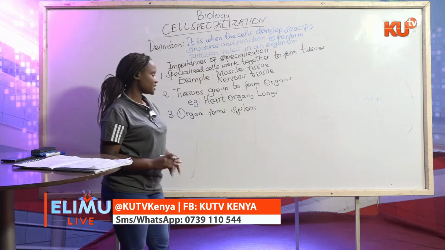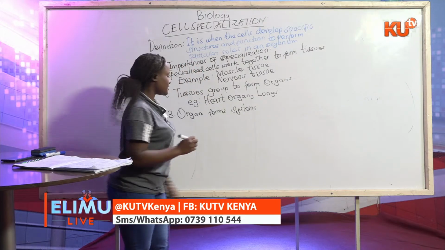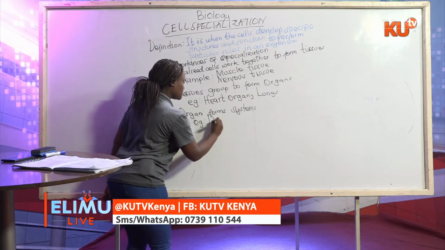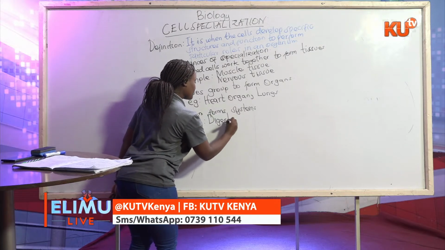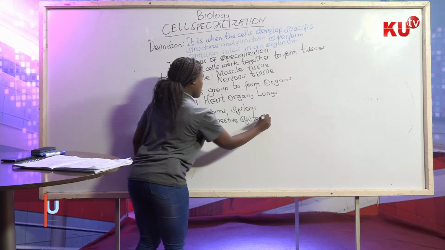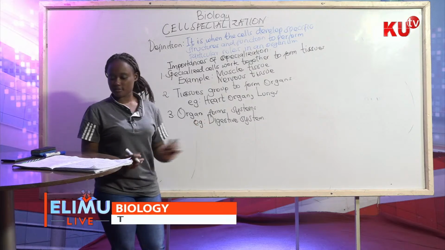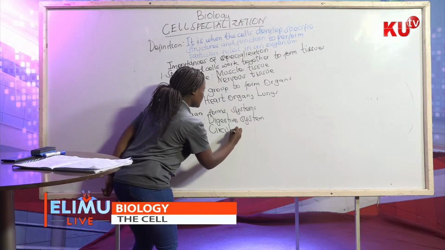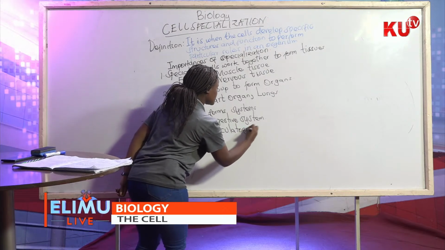We have systems like, for example, the digestive system and the circulatory system.